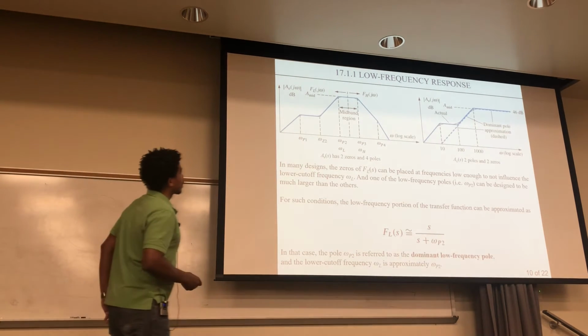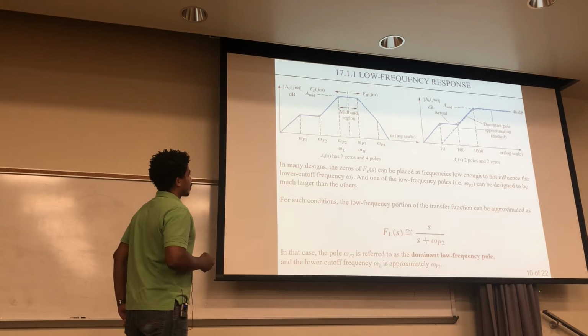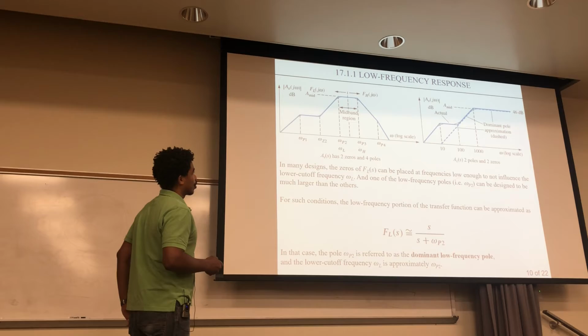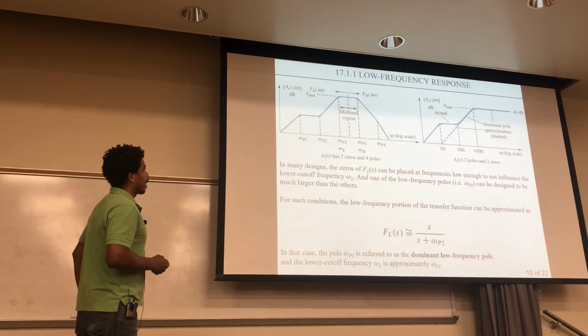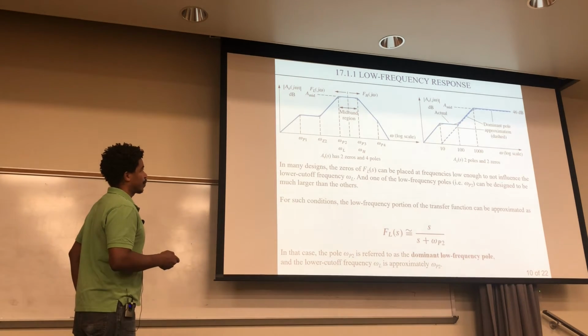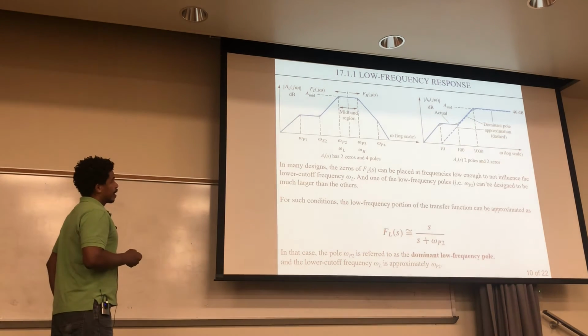Okay, so it says in many designs, the zeros of FL can be placed at frequencies low enough to not influence the lower cutoff frequency, omega L. And one of the low frequency poles, let's call that omega P2, can be designed to be much larger than the others.